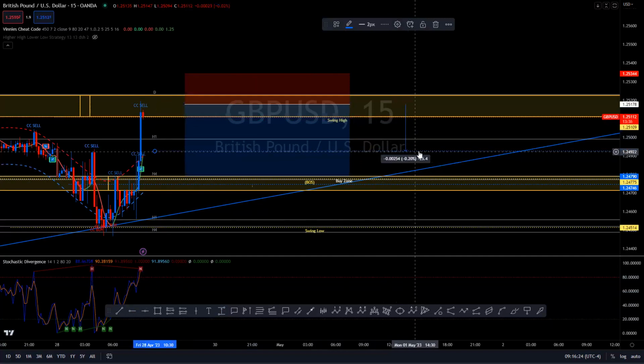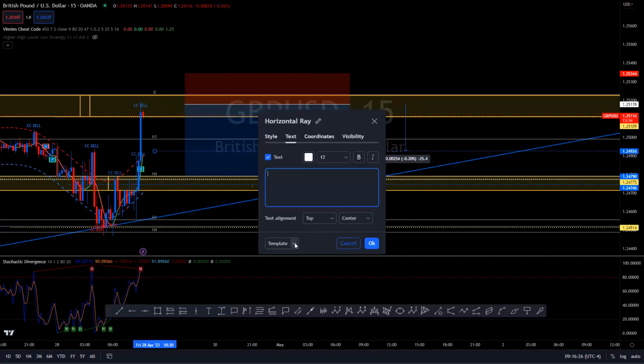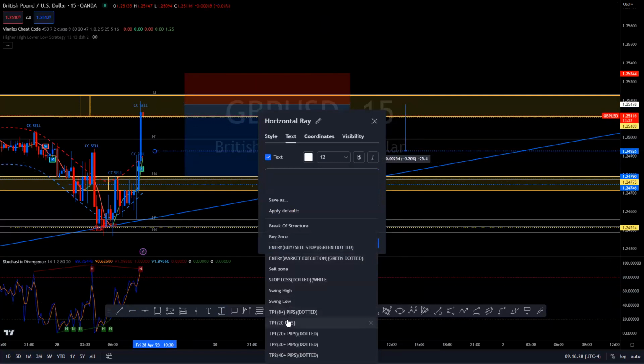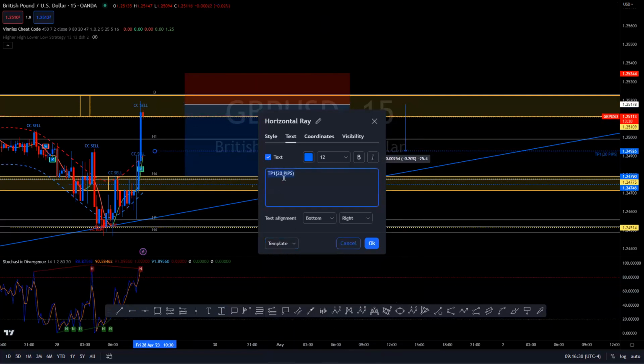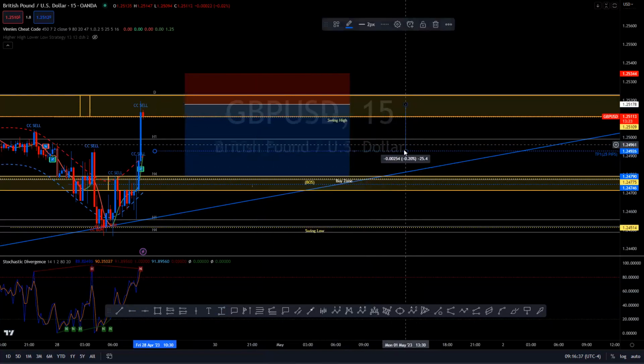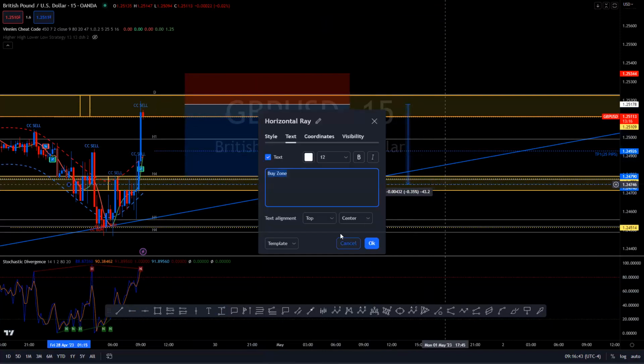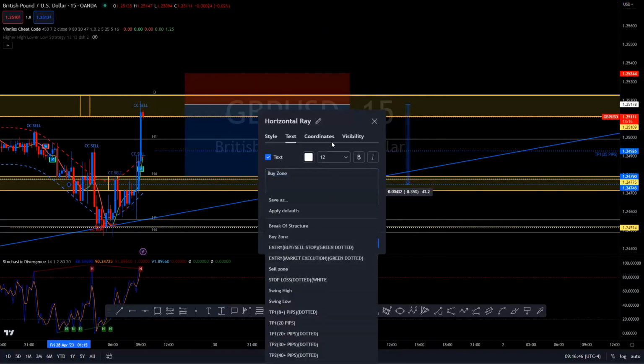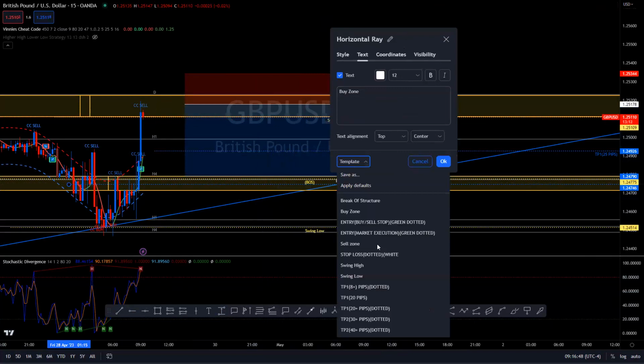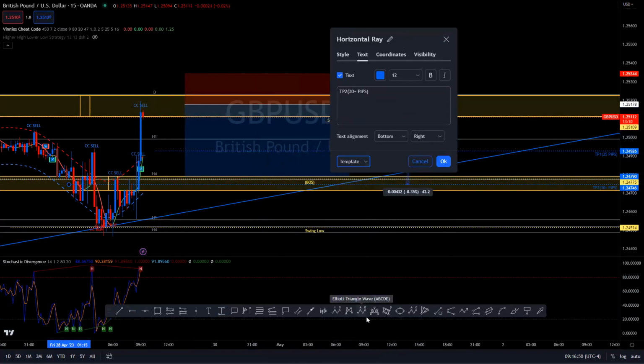Then ultimately I'm going to make this TP line, then have it go all the way down to here, TP2, which is 43, I guess we'll just say 40 plus pips.